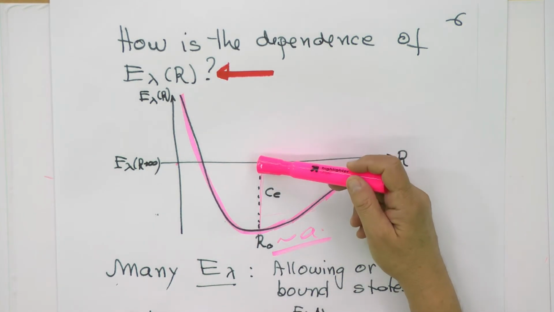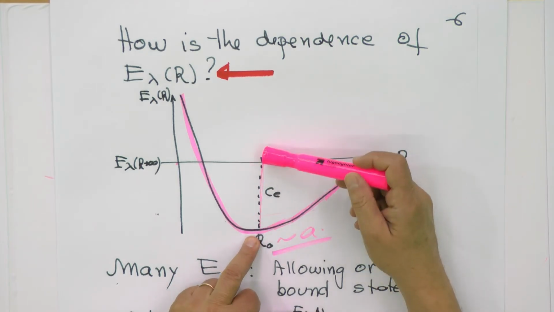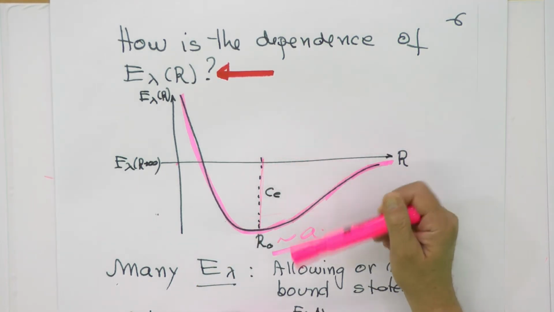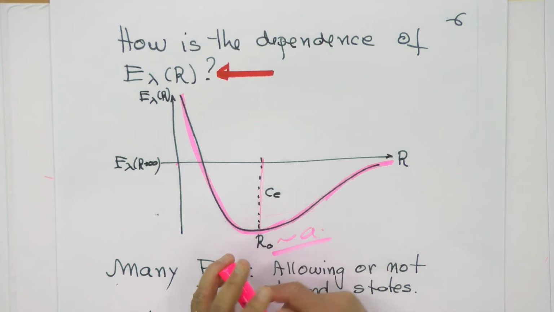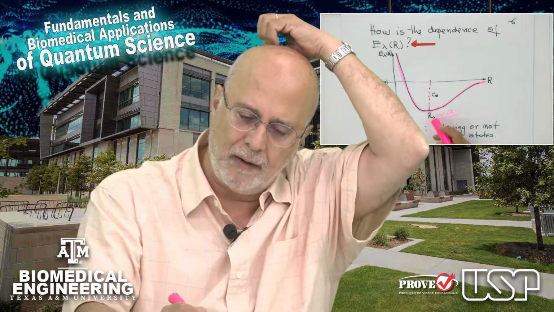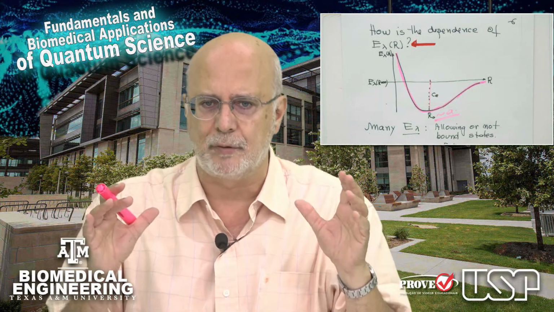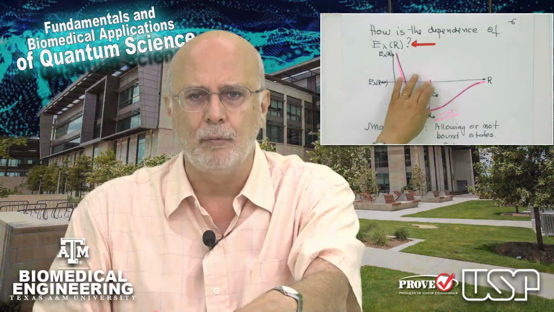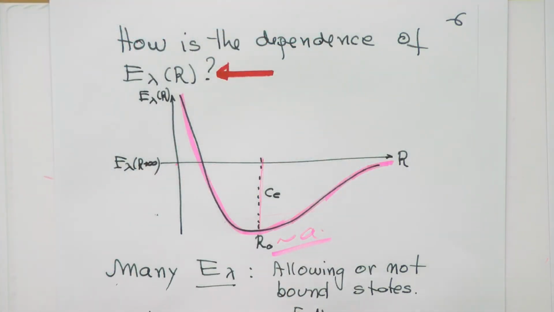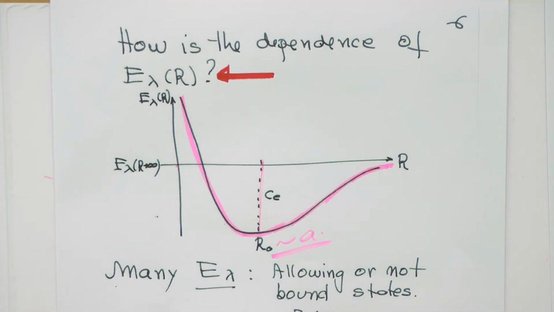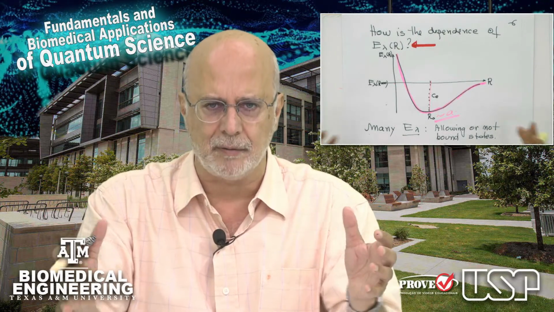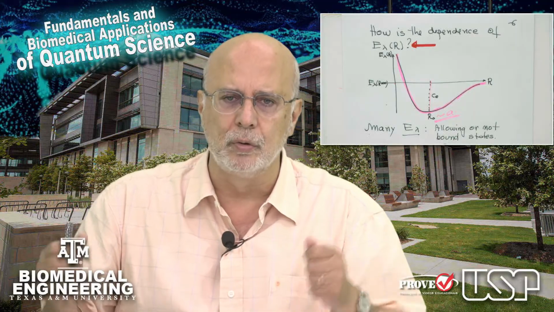Now, we do have a depth for this potential, which I call C, and if you wanted to dissociate the molecule, you have to put this energy in. So that's basically the energy that keeps the two nuclei together. This is how deep it is, what's the energy that is in the chemical bond. So when we speak about energy in the chemical bond, we're speaking about the energy of the electron, because that is what keeps the bond. That is what keeps the two nuclei together.